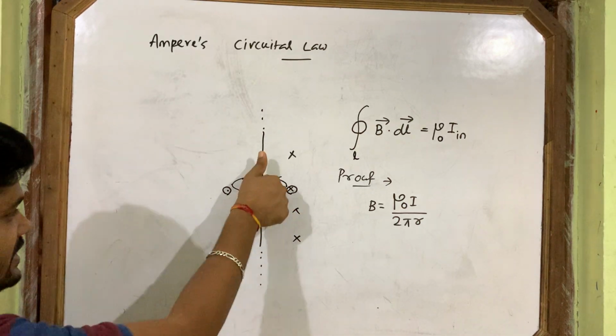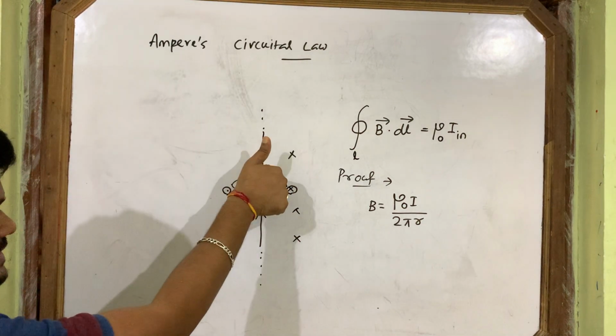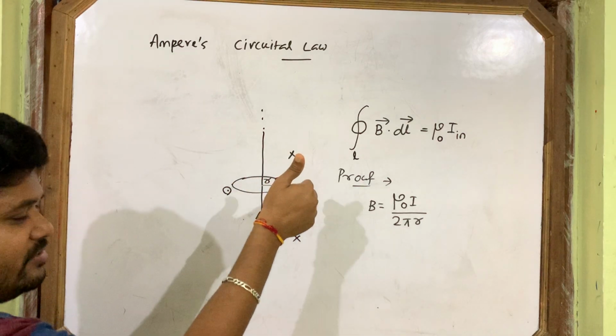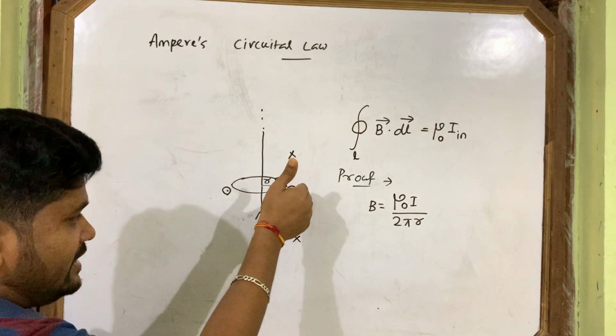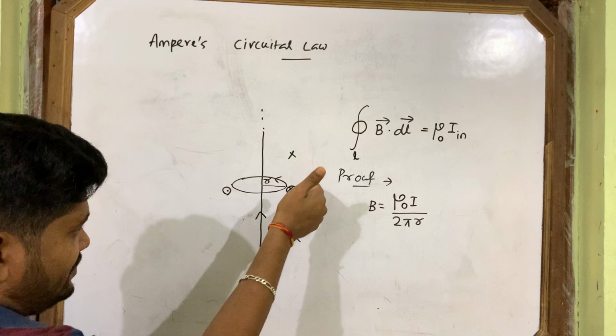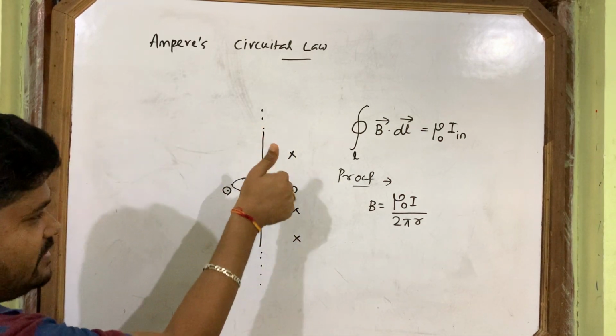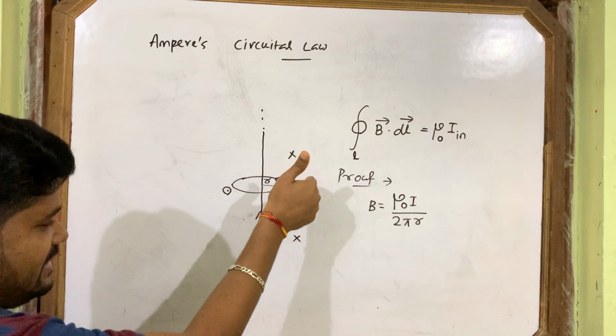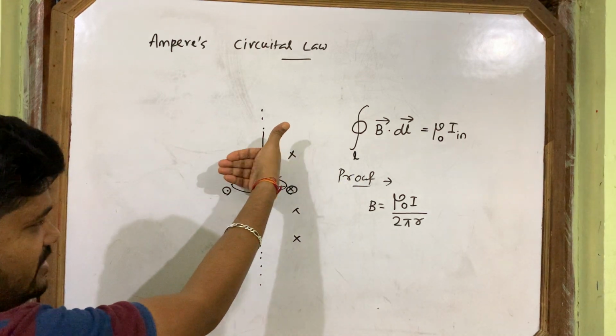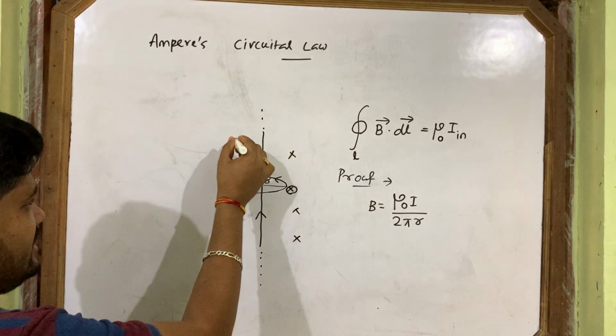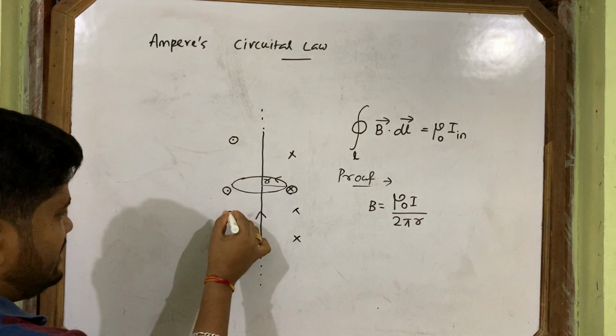And for every point on this side, my fingers will enter into the whiteboard, then holding this, moving around this wire, again it will come out. So for any point here, the magnetic field direction will be outward.